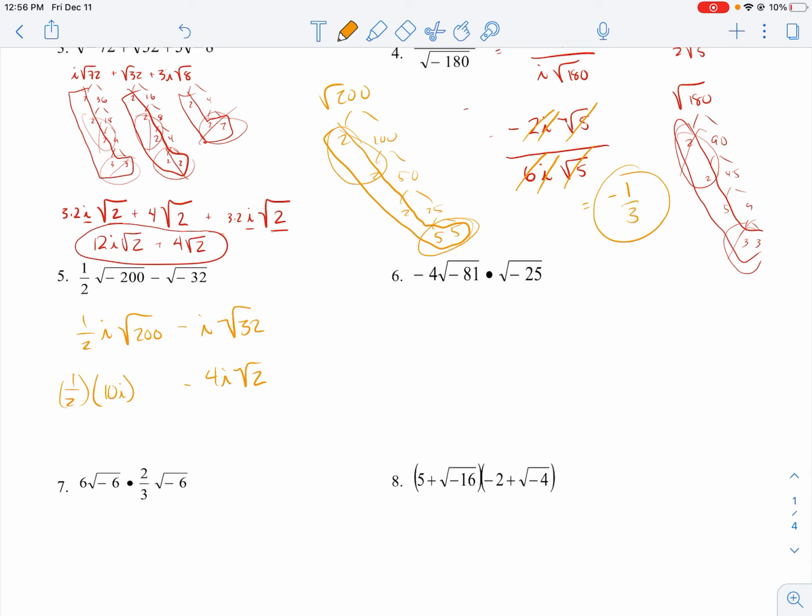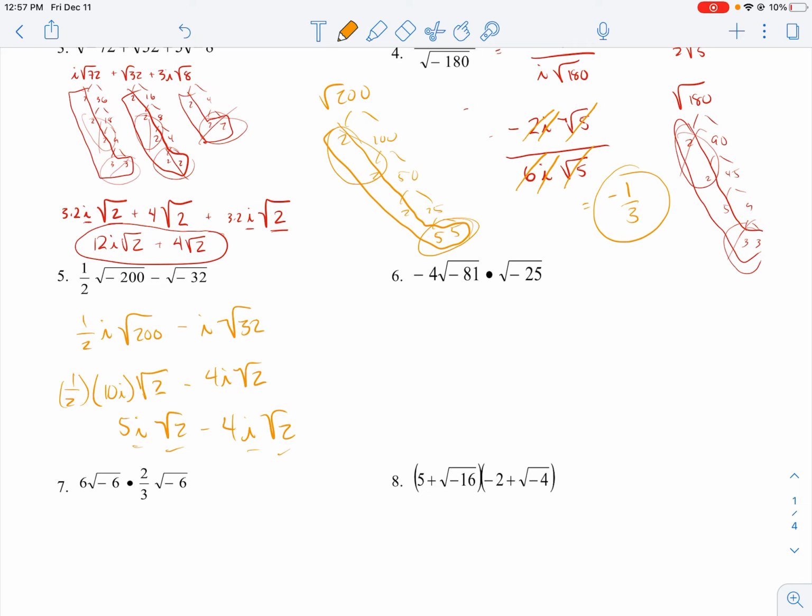And what do I have left? Square root 2. All right, so let's figure this out here. Well, half of 10 is just going to be 5, right? So 10 times 1/2 is just going to be 5i square root 2 minus 4i square root 2. And again, I can combine these because we have these same like terms here, right? i and square root 2.